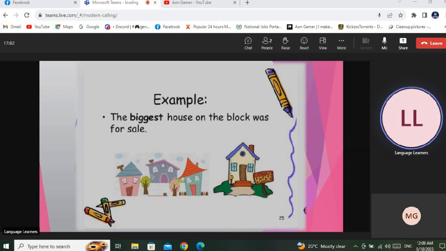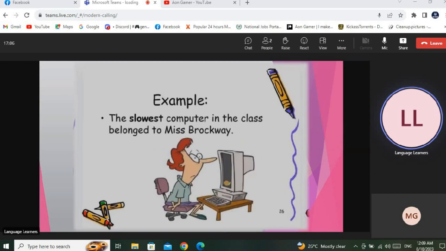The biggest house on the block was for sale. The slowest computer in the class belongs to Miss Brockway. So it is sad news. Okay, this one is also good for kids to understand this concept. Superman was the strongest and the fastest of all the superheroes, but Spider-Man was the most flexible.